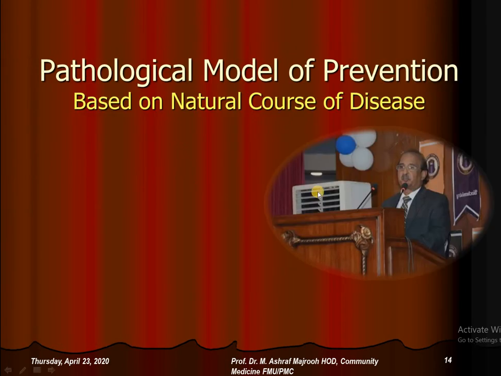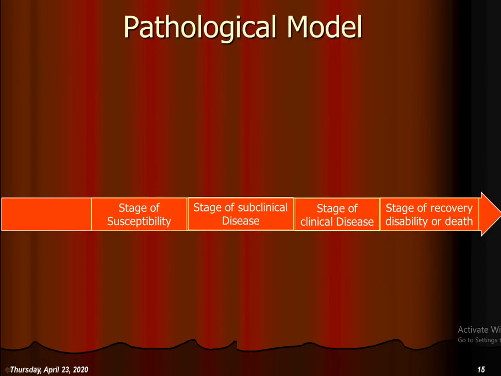The pathological model is based on the natural course of disease. This is very important to explain. The model consists of the stage of susceptibility, stage of subclinical disease, stage of clinical disease, and stage of recovery, disability, or death.